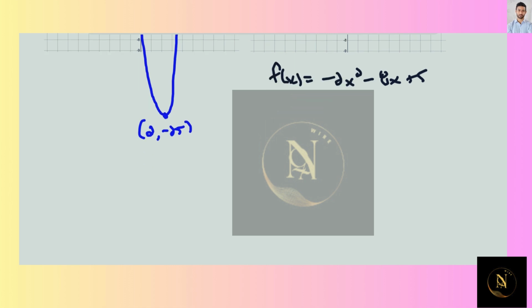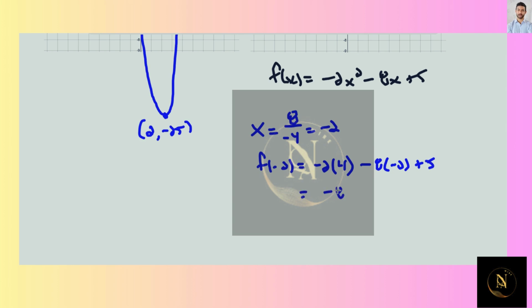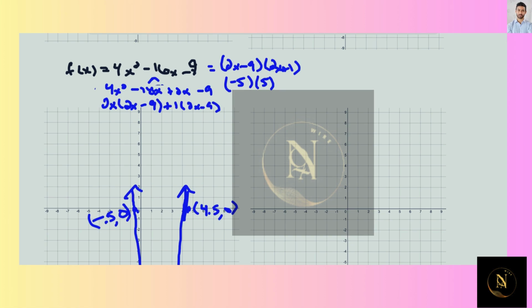We can use the quadratic formula to do it, but you can find the vertex using opposite b over 2a, which is negative 2, and so then you find f of negative 2, which would be negative 2 times negative 2 squared, which is 4, minus 8 times negative 2 plus 5, or negative 8 plus 16 plus 5, which is 13. So (negative 2, 13), also not on my graph. Estimate it to be here, and that will be an upside down parabola.